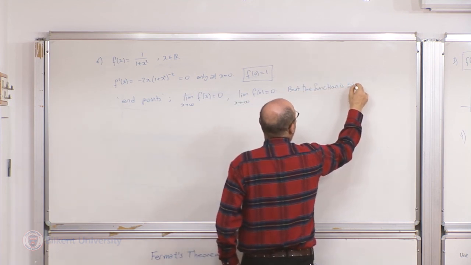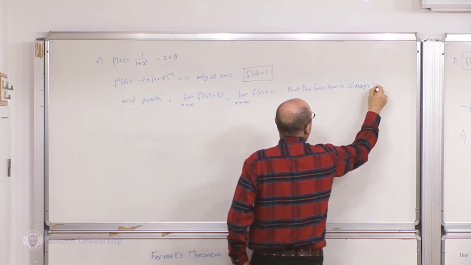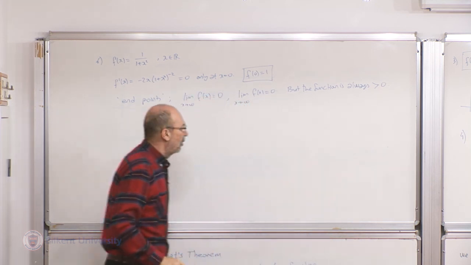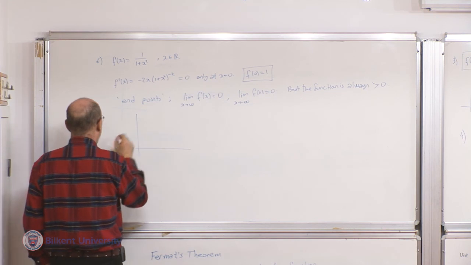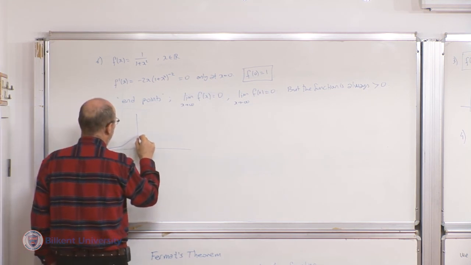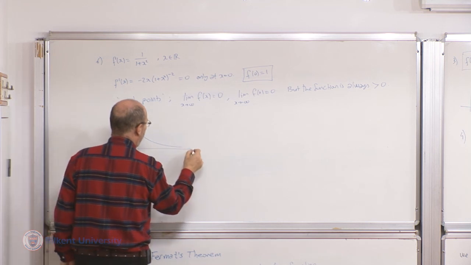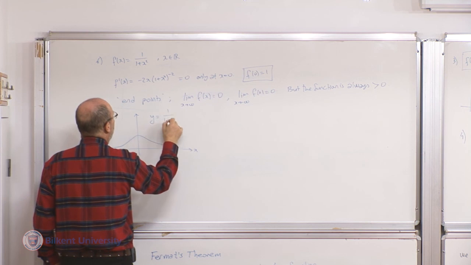It's always strictly greater than 0. Okay, so the graph is something like this. So we again sketch a graph to convince ourselves of what is happening. It is something like this. X, y. Y equals 1 over 1 plus x squared.